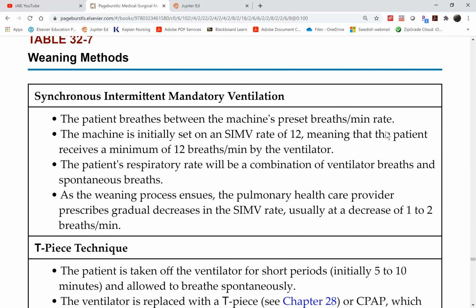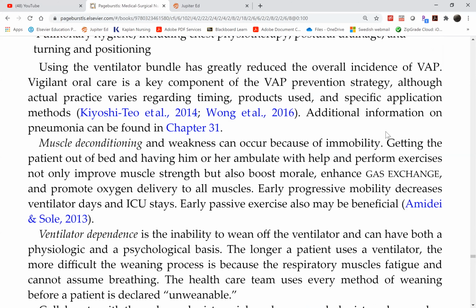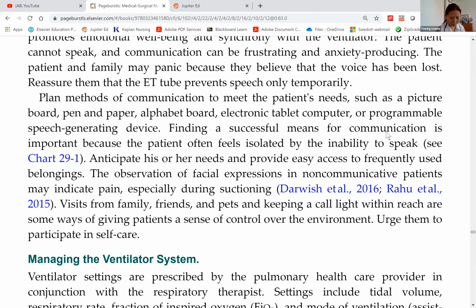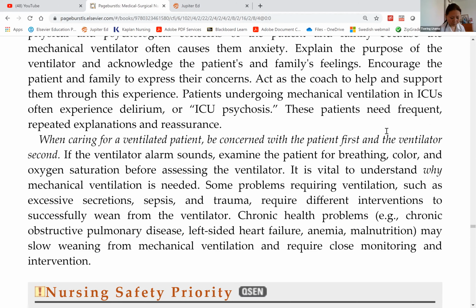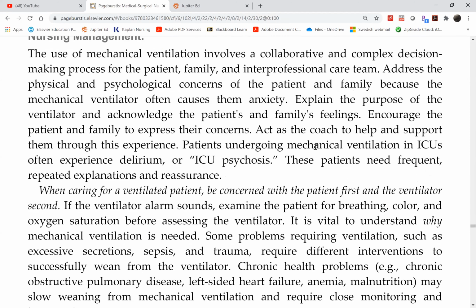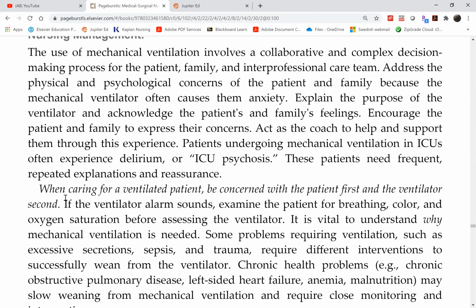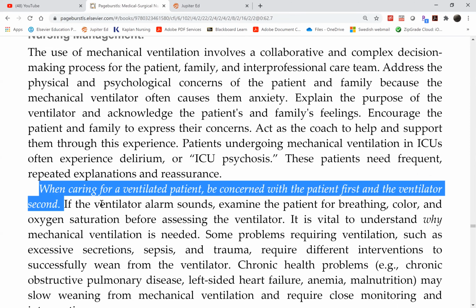I'll go to nursing management now. Remember here I'll highlight this italicized statement. When caring for a ventilated patient, always check the patient first, not the ventilator.